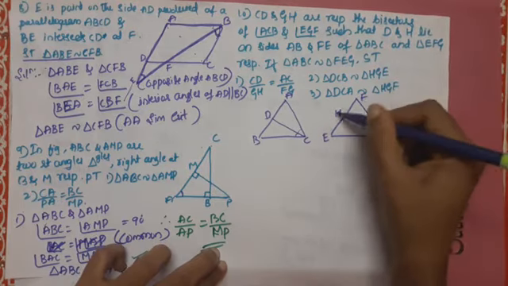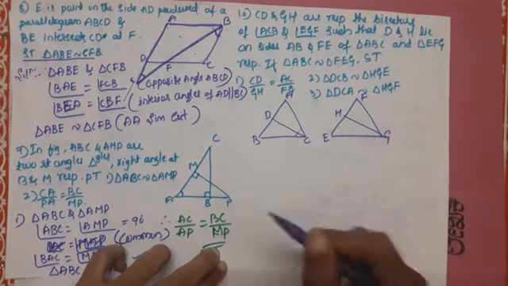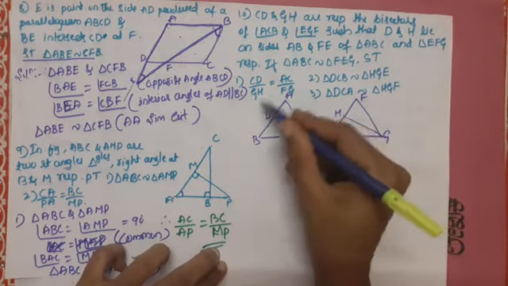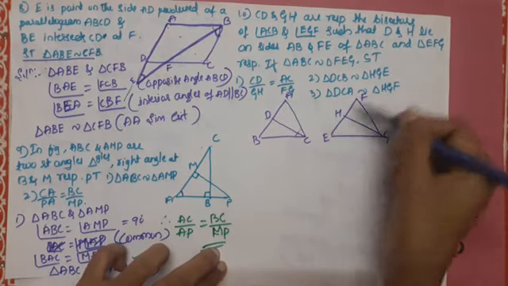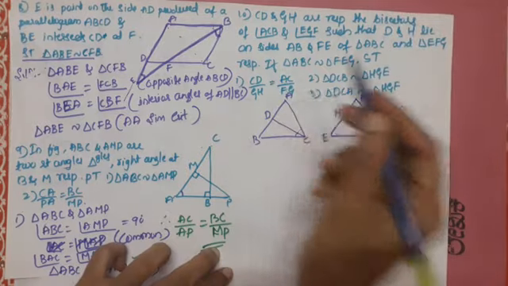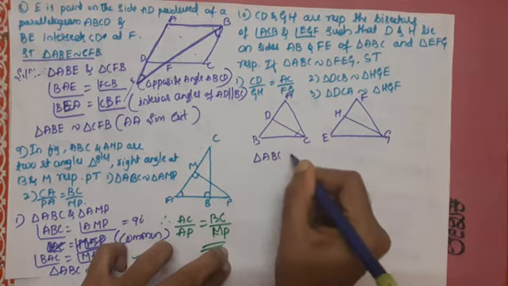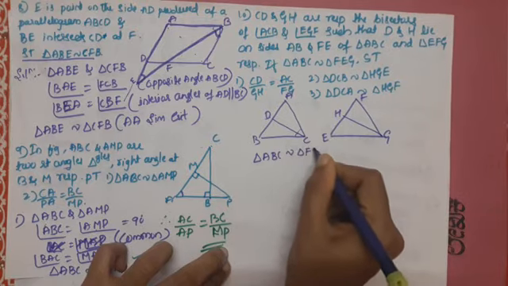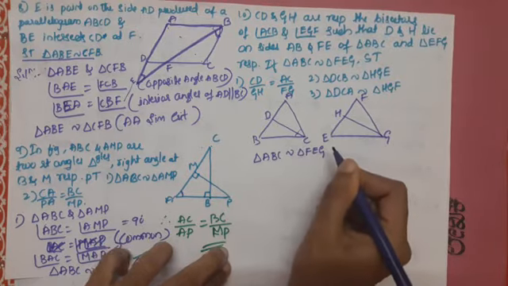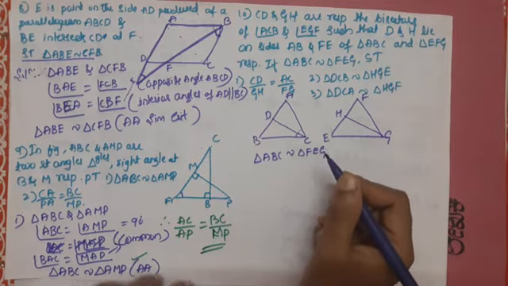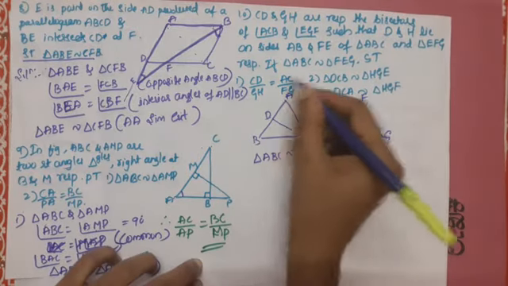Then GH is the bisector of FGE, such that D and H lie on the sides AB and FE. They have given that triangle ABC is similar to triangle FEG, and then we need to prove the first, second and third results.